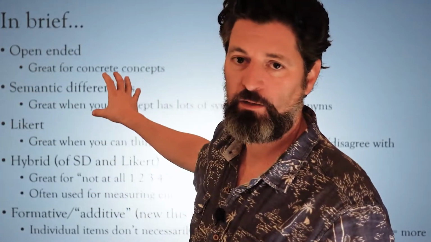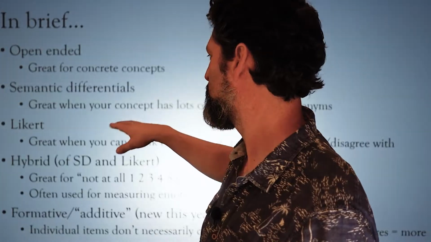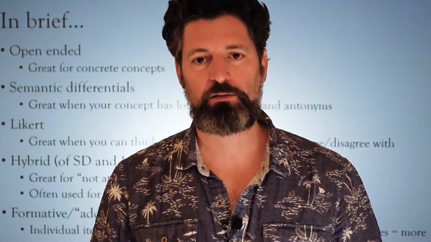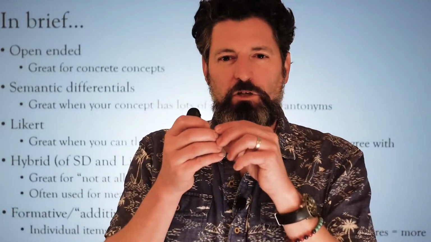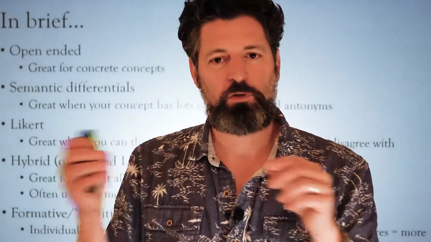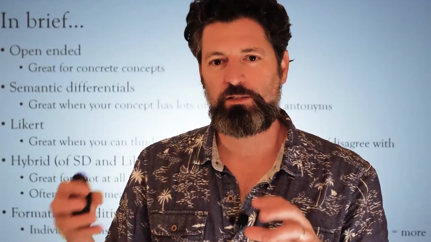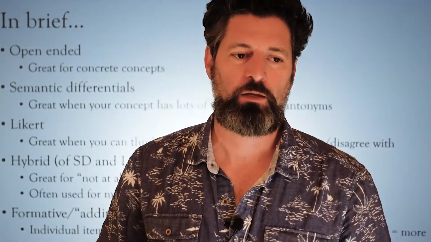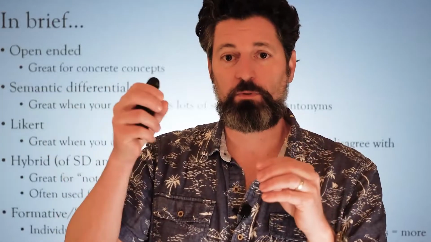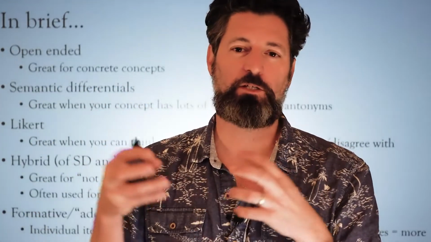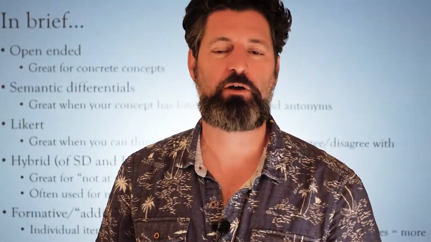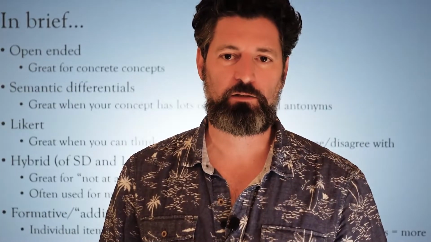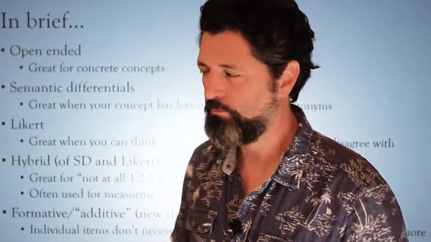The ones beneath it in the middle, the semantic differentials, Likert, and hybrids, are usually multi-item scales. The idea behind a multi-item scale is that we're not really sure we can measure the concept we're after with one item, so we ask the same question essentially in a slightly different way. We would expect people to answer more or less the same, but we want to make sure we cover the construct and communicate to the participant what we're talking about. So we essentially take 3 or 4 cracks at it and then average those together. And that's the ones in the middle.